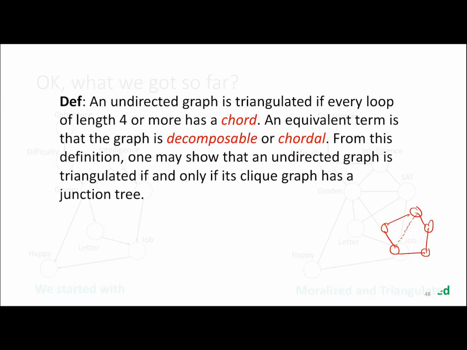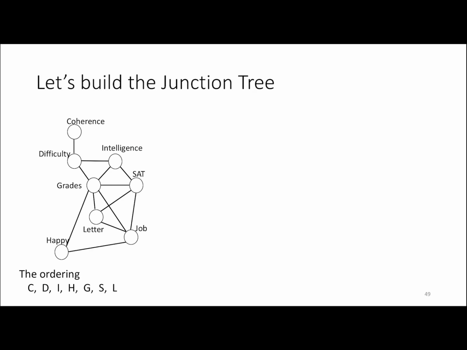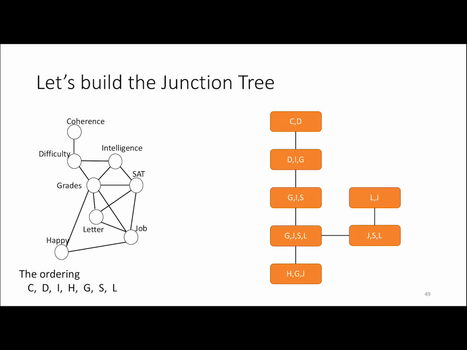So basically, what we end up with is a bunch of trees. You remember our ordering. We first remove C, which has this clique, this guy.